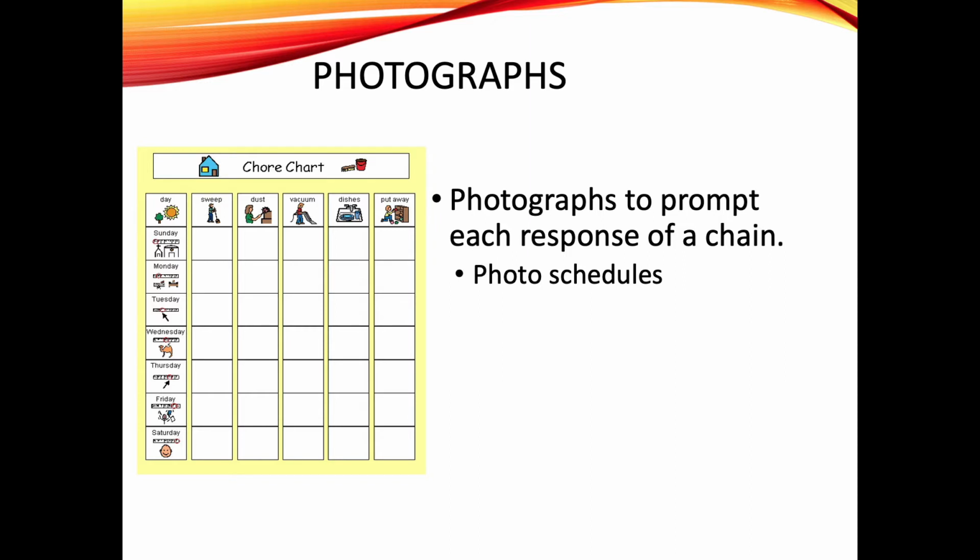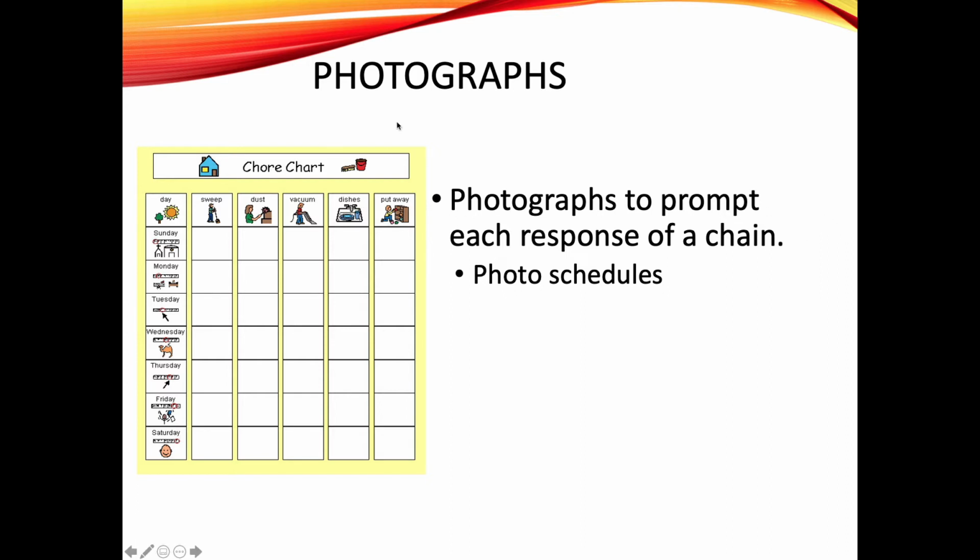Photographs can also be very effective prompts. And as I mentioned earlier, I think we probably use these in various ways if we're maybe trying to learn a new skill. If we have a hobby, at gymnastics or playing a musical instrument, photographs can be helpful in getting a correct form of a particular skill or behavior.